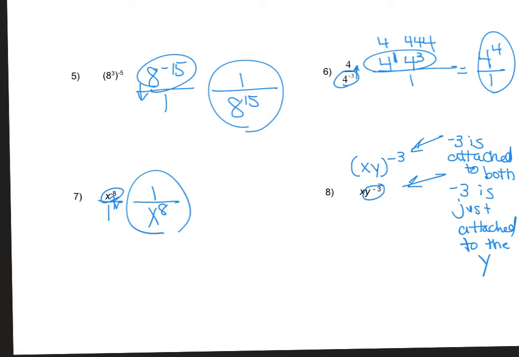Okay, so since the -3 is just attached to the y, I'm going to make my fraction bar. I can put this over 1 because the x is going to stay put because the x is happy. The x has a little 1 on it, and the x is happy where it is. But now the y to the -3 wants to go down. And when it goes down, it becomes happy.